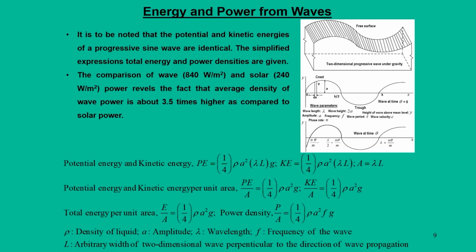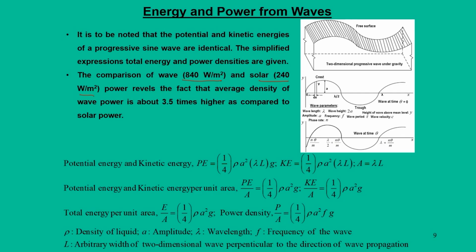Once you have estimated this, we can say that at a typical location this number is 840 watt per meter square, that is the power density of the wave at a particular geographical location. But if you compare the solar at a particular location, it is 240 watt per meter square. So, here you can see a significant difference.